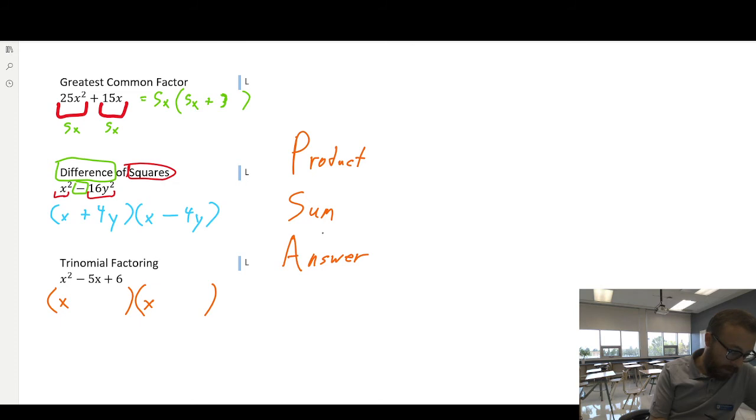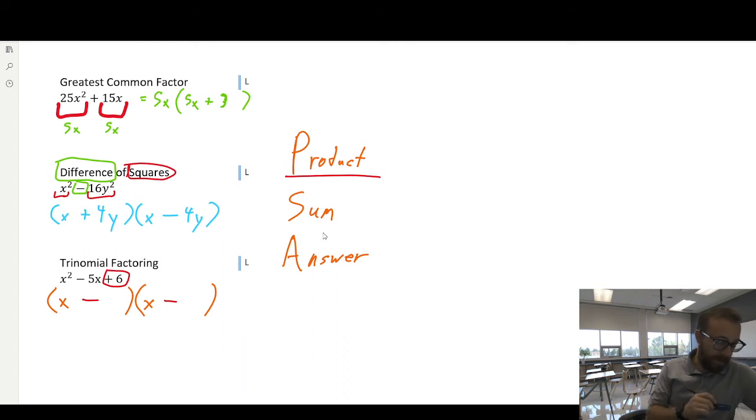And then, once you have this set up, then you're going to start with the product. So start with the product. So the thing you're asking yourself is what times what is the constant value. So in this case, 6. So what I start with is I start with two minuses only because it's really easy to go from minus to a plus and change it that direction.